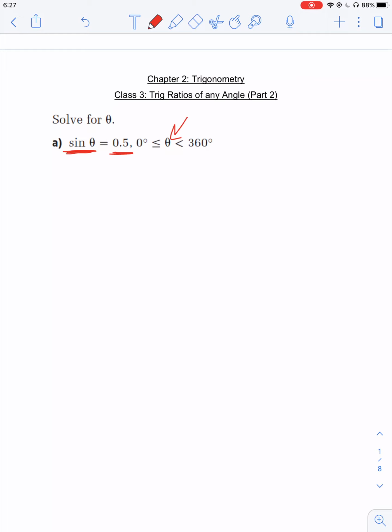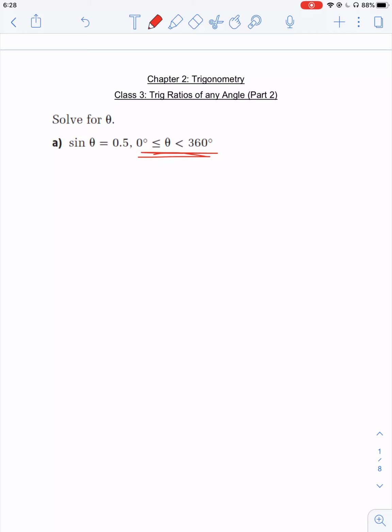So this is tricky, guys, because just like the quadratic function, when you're solving for sine and cos, and your domain is between 0 and 360, you're going to have two solutions. If you use your calculator to figure out the answer, you're only going to get one of the two answers, because your calculator is not that smart. So you kind of have to do this yourself and not rely on the calculator.